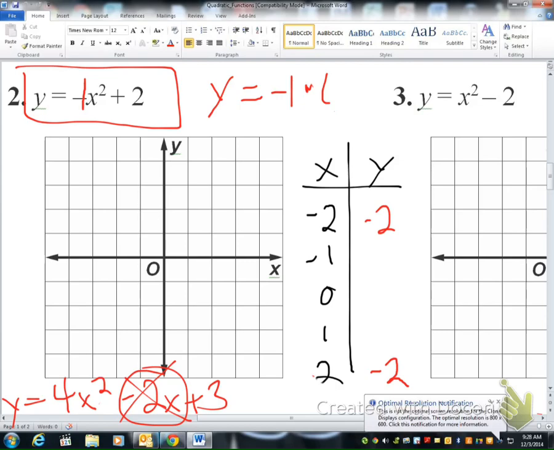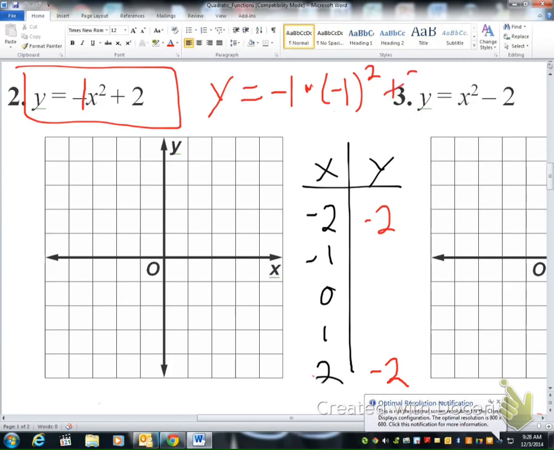Okay? So, since ours are always centered around 0, that's why I know negative 2 and positive 2 are going to give me the same y value, right? Negative 1. If I plug in negative 1 here, this is my equation.